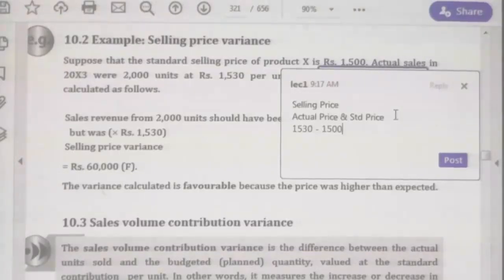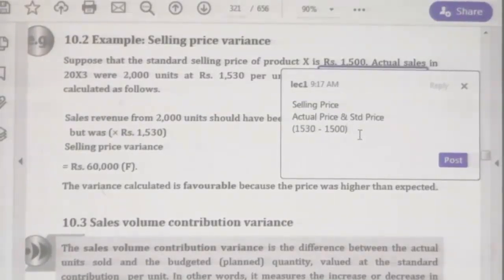Now see what happened. They expected to sell the unit at 1500, but they sold it at 1530. That means they have earned 30 additional rupees per unit. Is that clear? Is it favorable or adverse? Actually, this is a favorable thing. Why? This is sales.